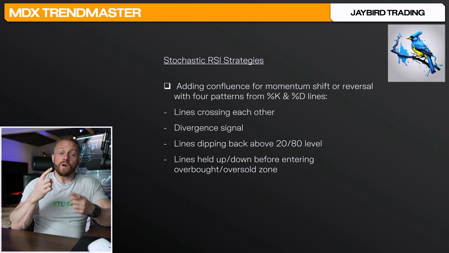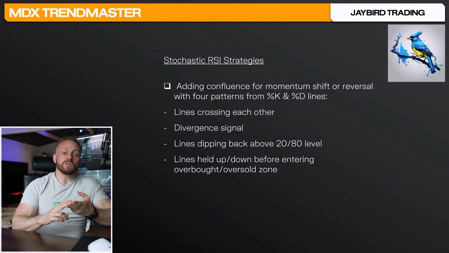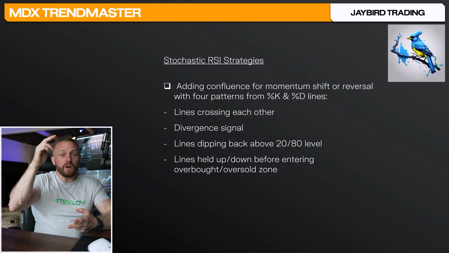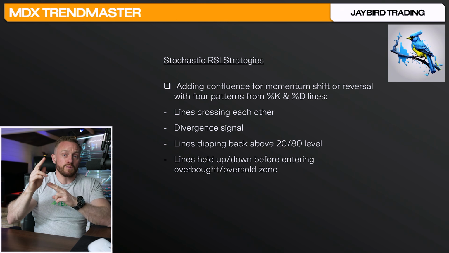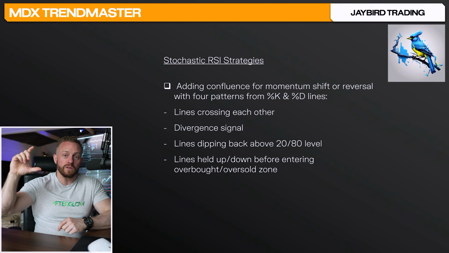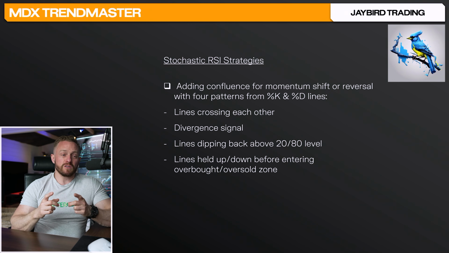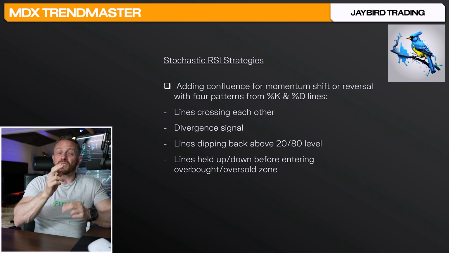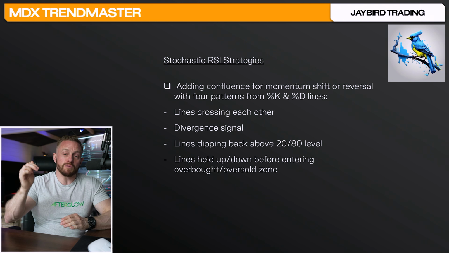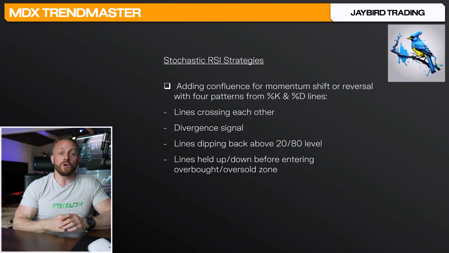They are when the lines cross each other, if there are any additional divergence signals on the stochastics, looking for when the lines come back from the overbought or oversold extremes back towards the middle and cross those 20 or 80 levels. And lastly, whether or not the stochastic RSI line actually gets held up and prevented from even entering the overbought or oversold zones. But I'll let him demonstrate how he actually does this.